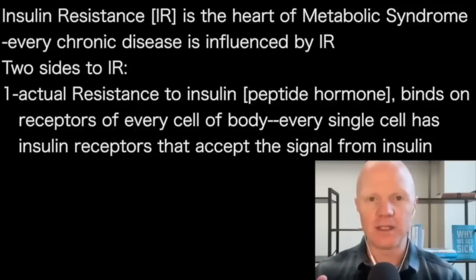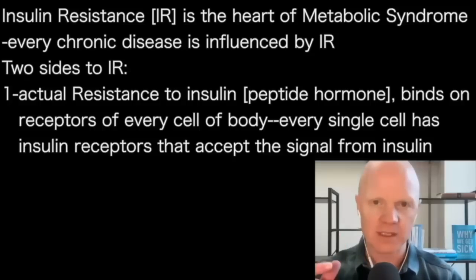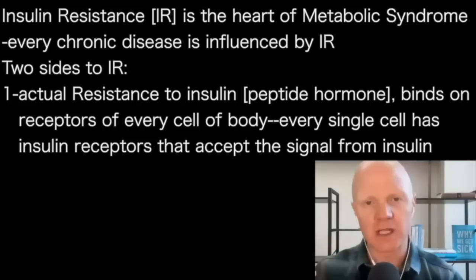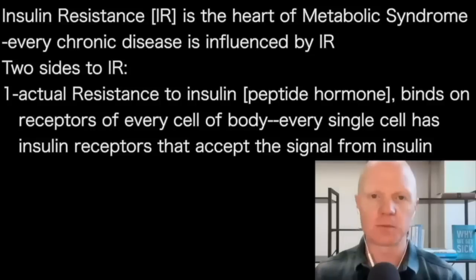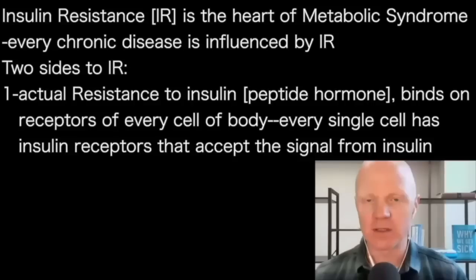I like to invoke the analogy where insulin resistance is like a coin. If I were holding a coin in my hand and I say this coin is insulin resistance, well, the coin has two sides. So too does insulin resistance. One part of insulin resistance is the actual resistance to the signal of insulin. Insulin is a peptide hormone made from the beta cells of the pancreas.